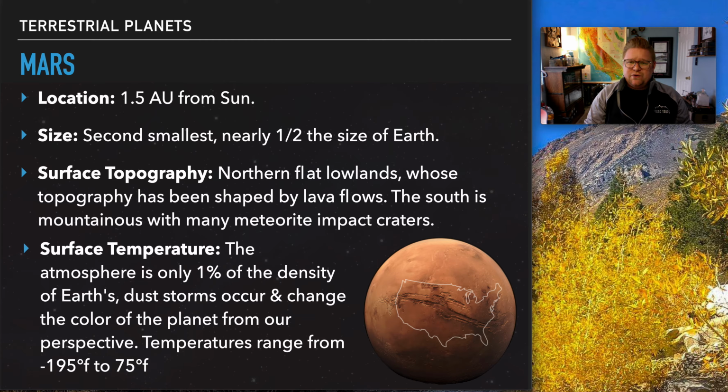The surface temperature is really unique. The atmosphere is only 1% of the density of our own atmosphere. That being said, it experiences what we consider extreme weather systems: dust storms that are so large they can change the color of its appearance from Earth. The temperature ranges between negative 195 degrees Fahrenheit to a very nice 75 degrees Fahrenheit.